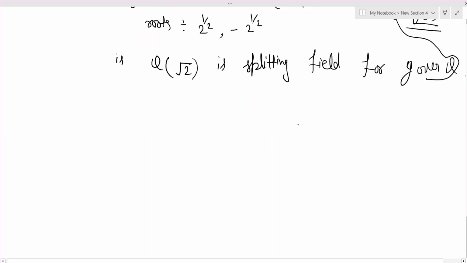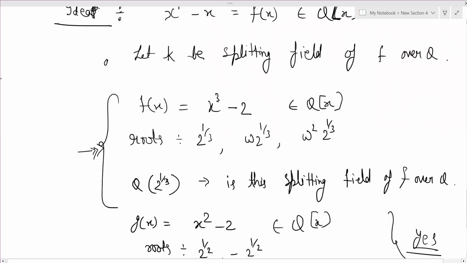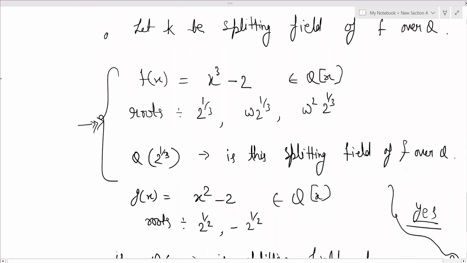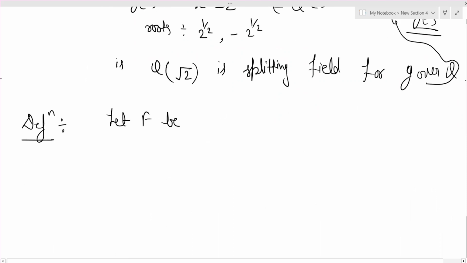I will write a definition of a splitting field for you here, because it will be clearer. Before I finish writing this definition, think about the first example: is this a splitting field or not? Let F be a field, and f(x) a polynomial in F[x].